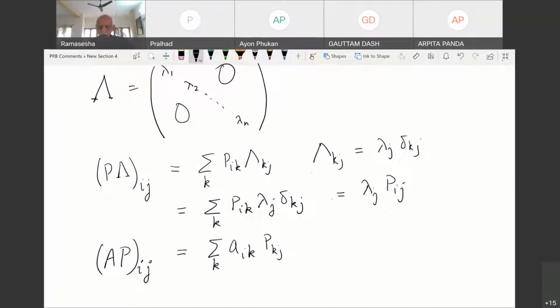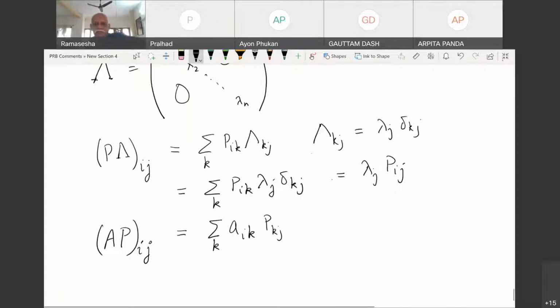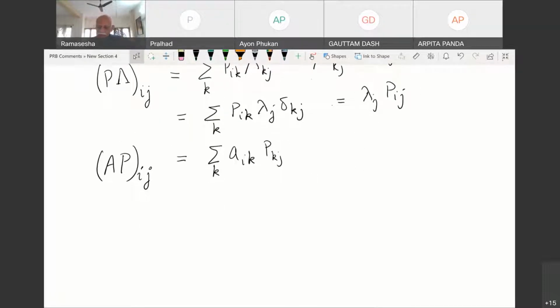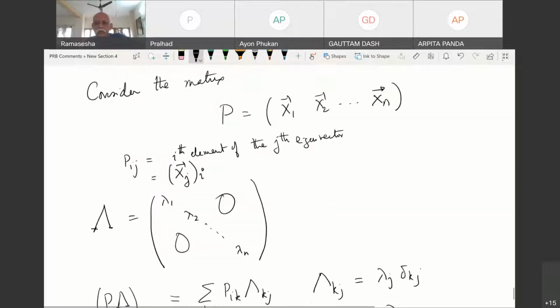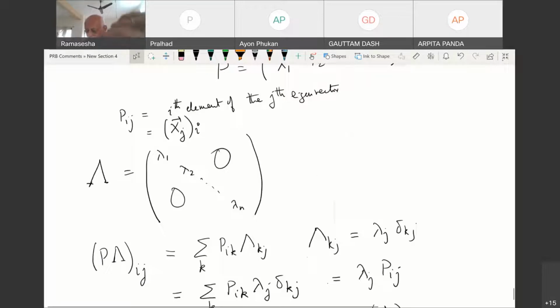Correct, because that's just a product of two matrices, right? Okay, yes. So now I can write down pkj. I had pkj is nothing but xj k, right? Because this is what I had shown you, that when I have pij, it is xj and ith element. So pkj is the kth element of xj. Okay, the vector xj.